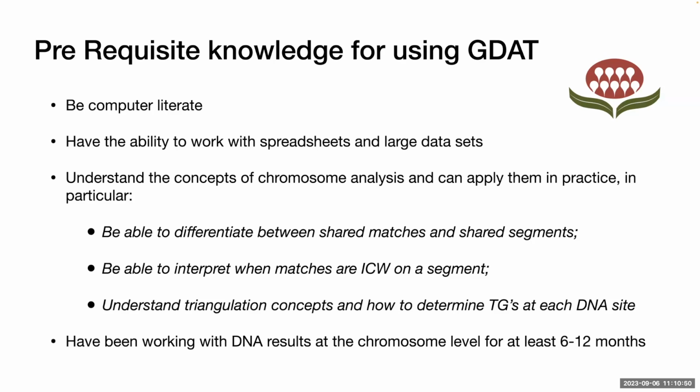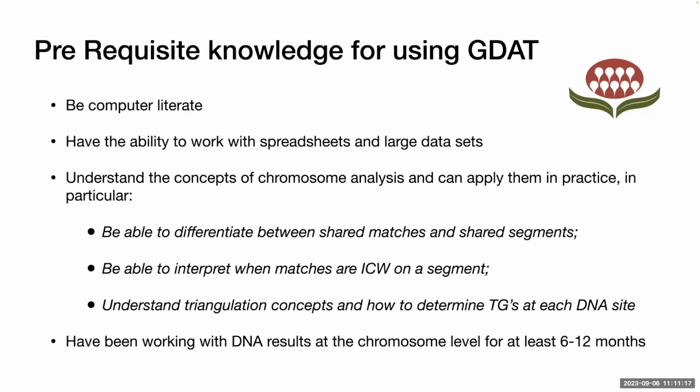And really, I find that most people need to have been working at the chromosome level for at least 6 to 12 months, understanding what they're dealing with before they can really make sense of GDAT. But once you've just started, it is a good place to start, because the big thing about GDAT, in my opinion, is that it's a one-stop shop for all your data.